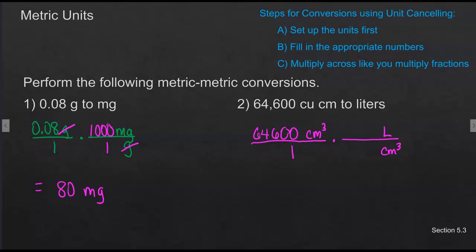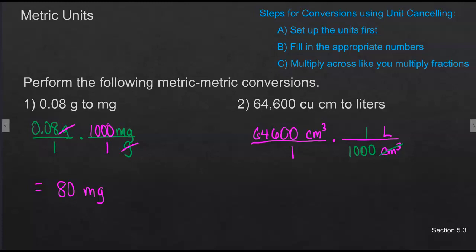A capital L is a good abbreviation for liters, so let's use that. It might be on your conversion chart. I would have to look. And then there are 1,000 cubic centimeters in 1 liter. So 1,000 cubic centimeters in a liter.